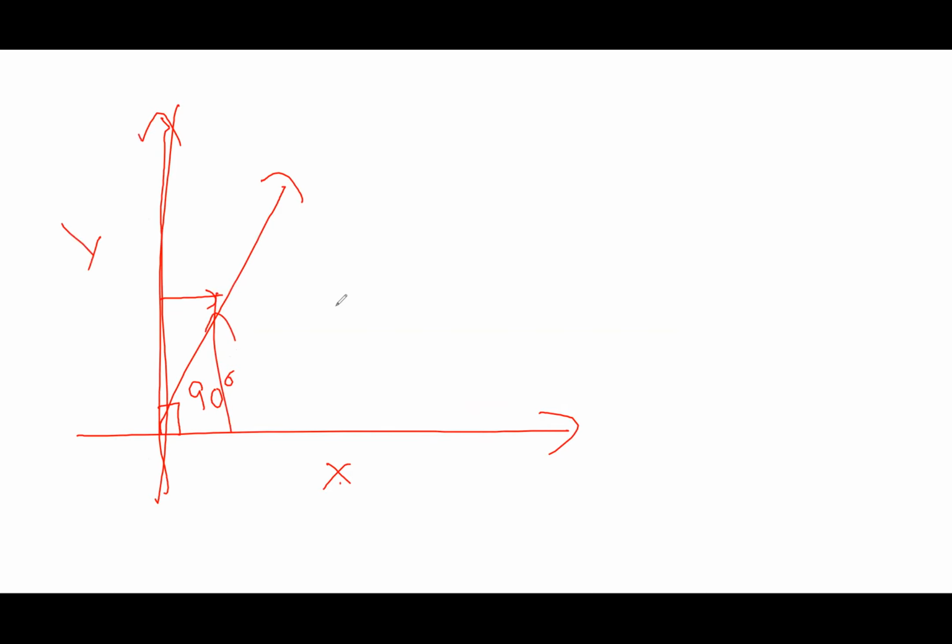Are you following me? Why are all the axes 90 degrees? Why can't I have one axis which is like this? Why can't I call this the x-axis and this the y-axis? That's because, since you have an angle, a certain portion of this axis can be projected onto the other. This is y cos theta. If you go back to basic trigonometry, a certain portion of this particular axis can be expressed in terms of x.